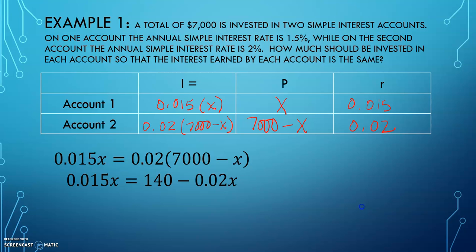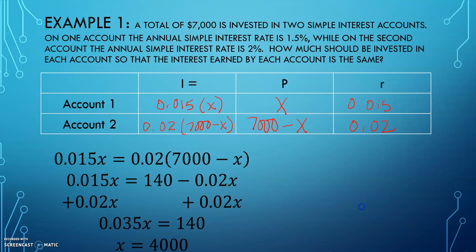We're going to distribute. 0.015x equals 140 minus 0.02x. Add that 0.02x to both sides. We've got 0.035x equals 140. Divide by 0.035, and we know that x equals 4,000.